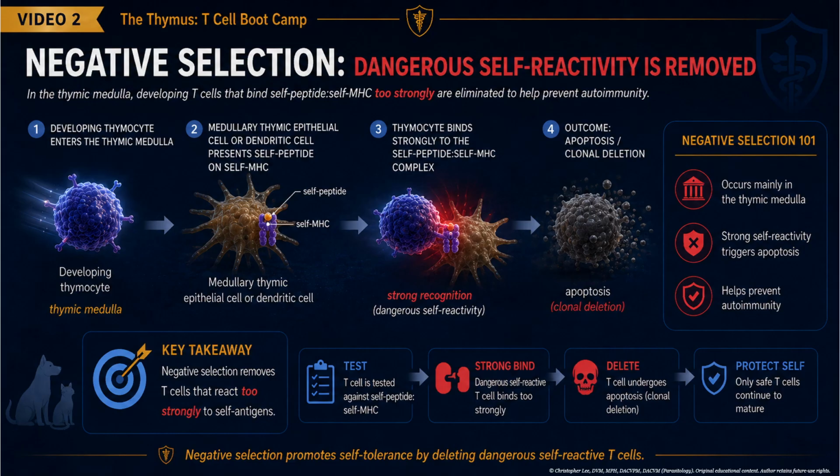Negative selection is one of the central tolerance mechanisms of the immune system. It does not remove every possible self-reactive T cell, but it removes many of the most dangerous ones before they enter circulation. So positive selection builds MHC restriction, negative selection promotes self-tolerance. Together, those two processes help produce T cells that are both functional and safer for the host.